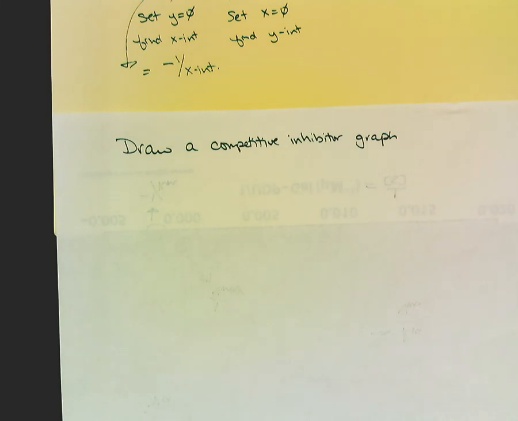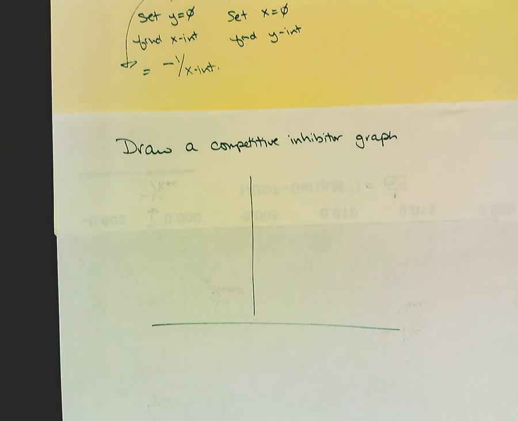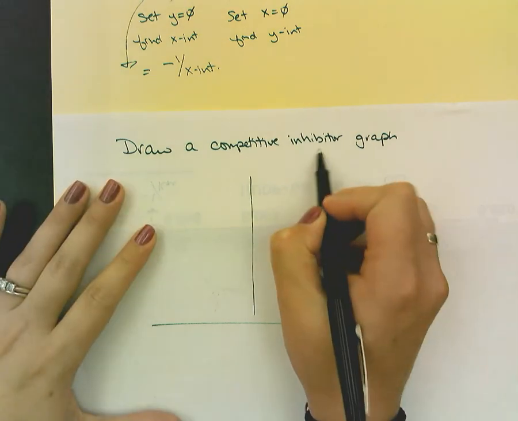So, just like you had in the homework, first thing you have to know is how to draw a regular one, right? The only way I can compare it is you have to be able to draw a regular, non-inhibited line, because otherwise it doesn't make any sense. So what I'm really asking is two parts.